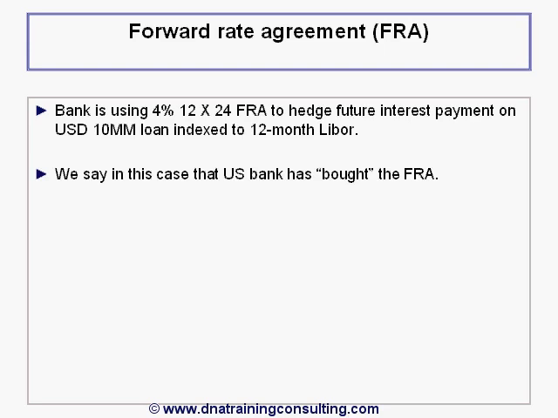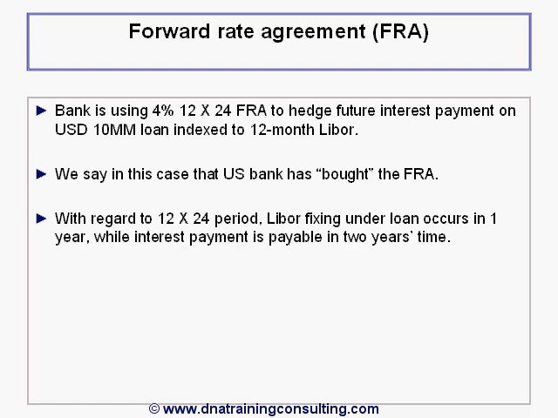With regard to this 12 by 24 period, the LIBOR fixing under the loan will occur in 1 year, while the interest payment, of course, will be payable in 2 years' time.